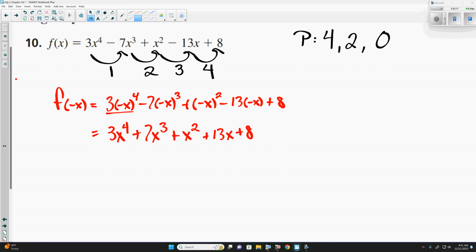No. Because if we can see that the odd power is changing the sign and the even one is staying the same, I could have just gone through: even power stays the same, odd, flip it. Even stays, odd, flip. And just written it with those sign changes as we pay attention to the powers. But if it isn't, then we need to actually write it out. Okay.